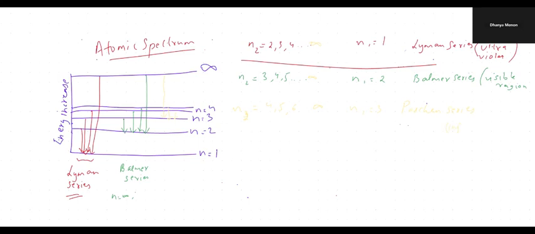The Balmer series is visible because it lies in the visible area.